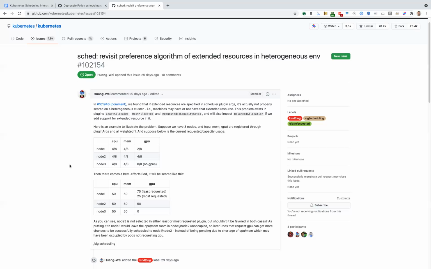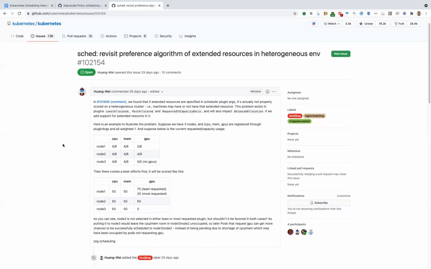Basically, there are two alternatives. You can see in the example that they have different results. One of them is basically, if your node doesn't have the resource, we top up the score for that resource. And the other one is that we simply exclude it from the calculations. So they have slightly different results.